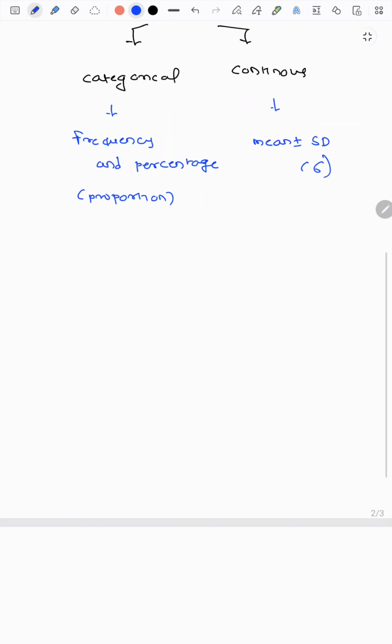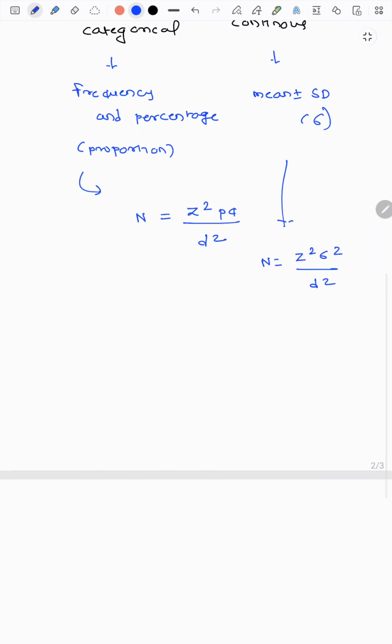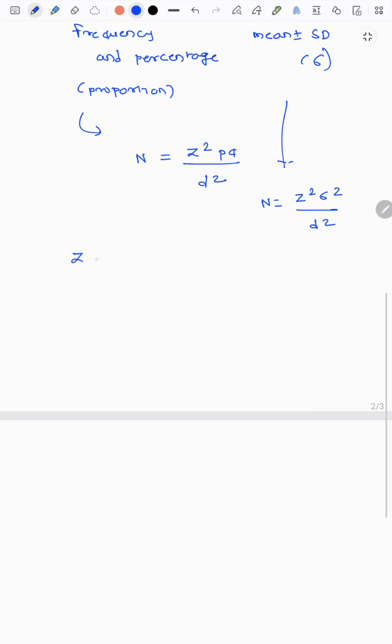So now comes the basic formula, that is Cochran's formula for sample size, which is n equals z square pq upon d square for categorical data, and for continuous data it is n equals z square sigma square upon d square. Here z is constant at 95% confidence interval, which is 1.96.